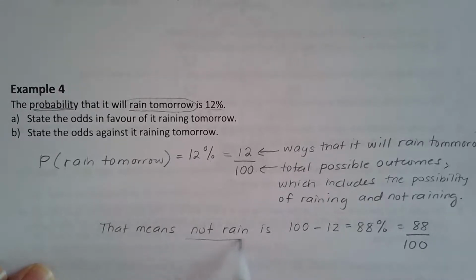So they're talking about rain, which is 12%. Then that means not raining is 88%.